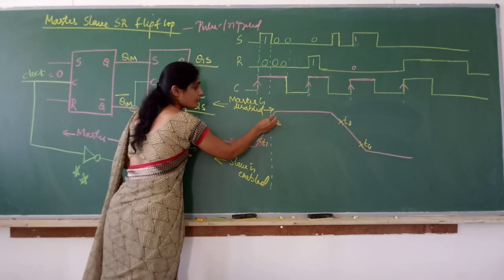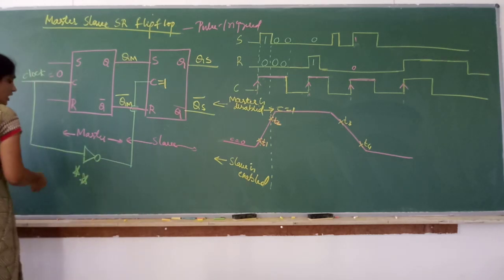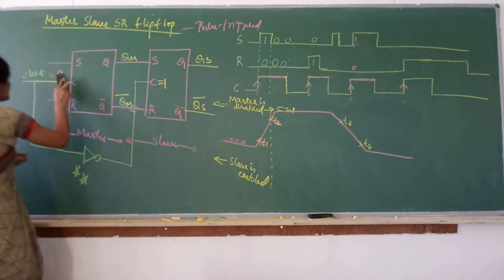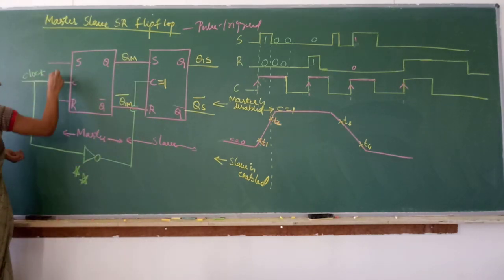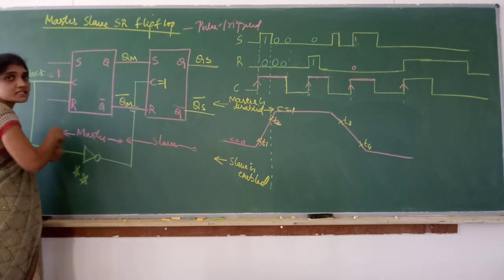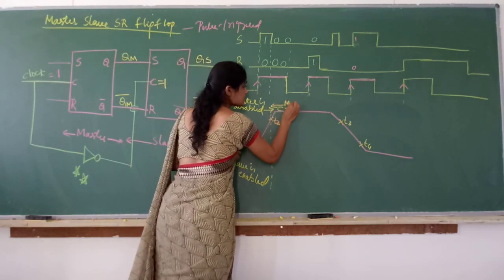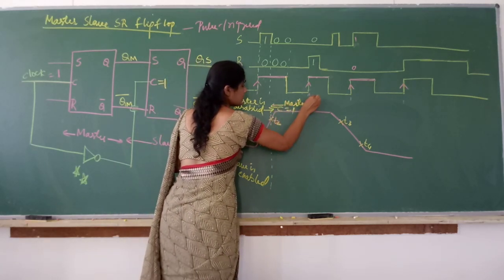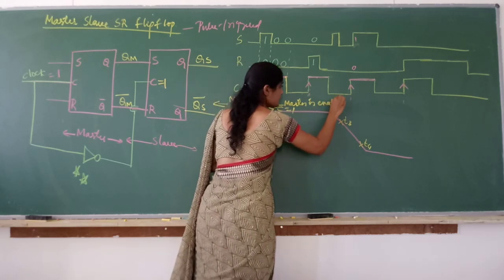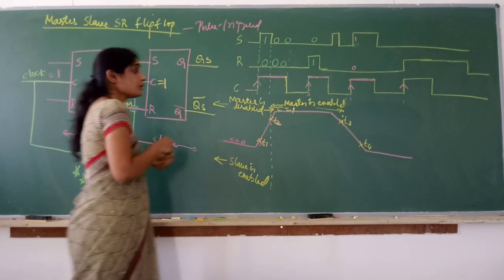When the clock is above T2, now the clock is 1. When the clock is 1, the master is enabled. Am I correct? The master is enabled till T3.